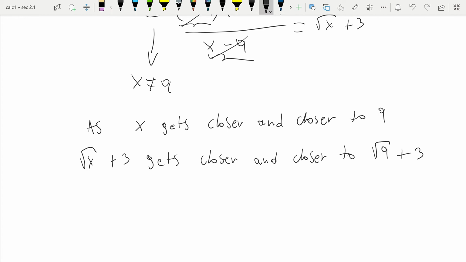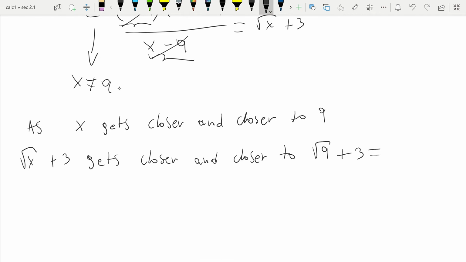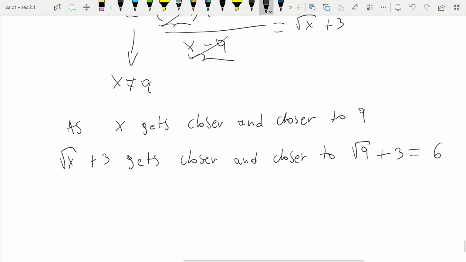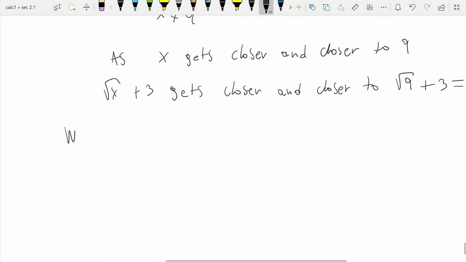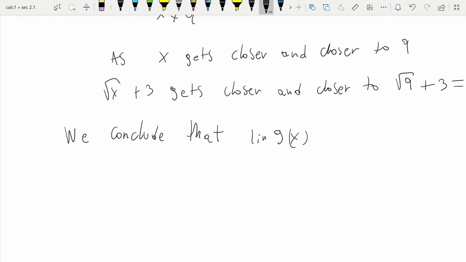The 3 doesn't change when you move x, but the square root of x is approaching the square root of 9, and this is equal to 3 plus 3, which is 6. Okay, so we can conclude that the limit of g of x as x approaches 9 is equal to 6.